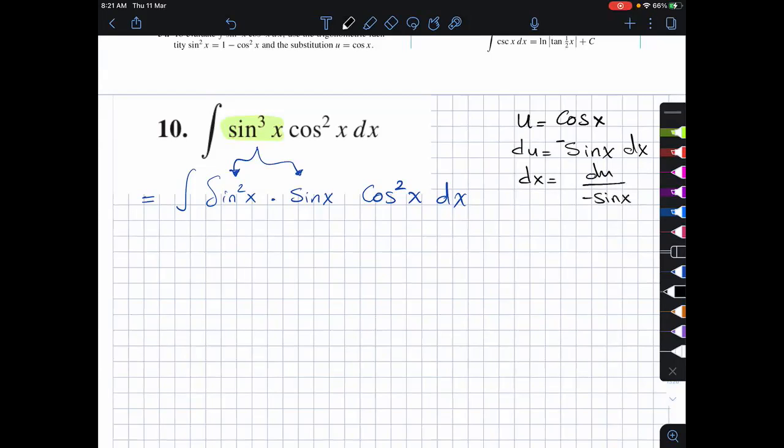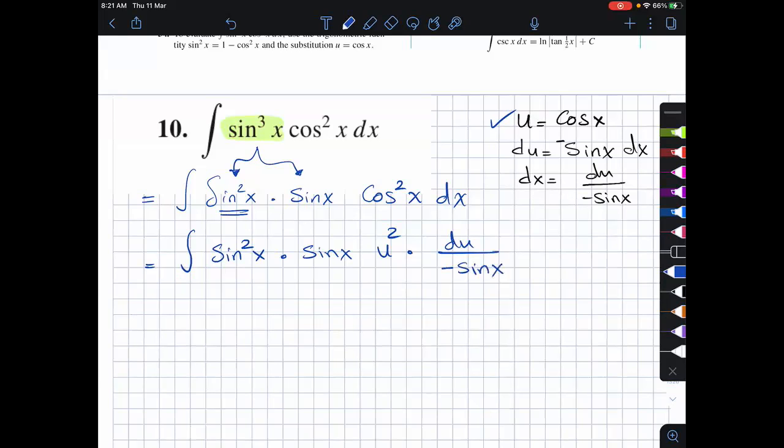So we have the integral of sine squared x times u squared, because the cosine is only u, so cosine squared is u squared, times dx, which is du over negative sine x.